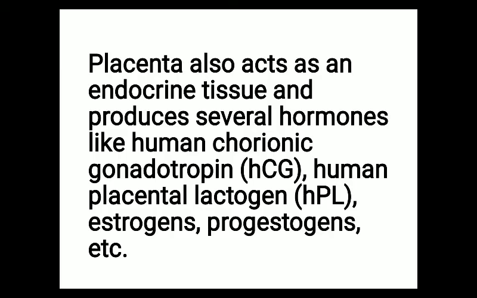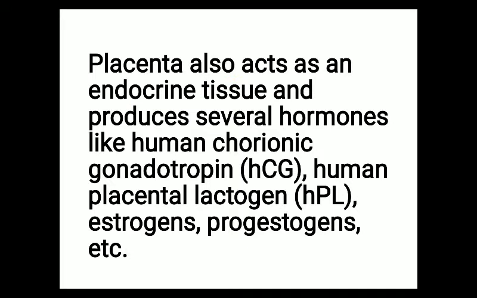So the placenta also acts as an endocrine tissue. Try to recall what endocrine glands are. Endocrine glands are those glands which release their secretion directly into the bloodstream. During the pregnancy, this placenta also acts as an endocrine gland, and it produces several hormones.